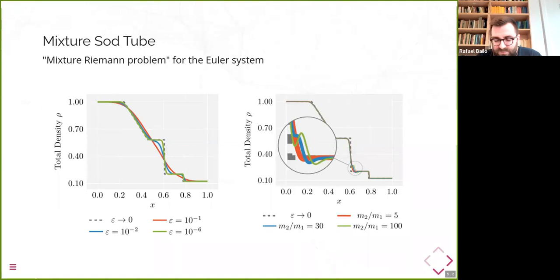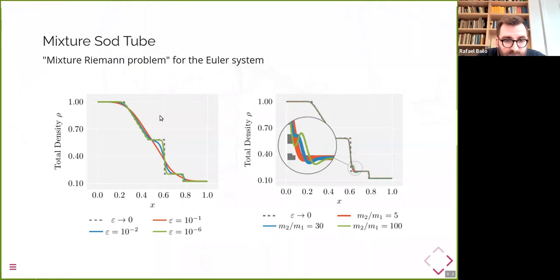You can perform the analysis for a mixture very much like you perform the analysis for a single gas. And then you look at the solution. So this is the total density of the mixture. And in fact, the solution to this shock tube is that the two gases remain separated by the contact discontinuity. So there's no mixing in this example, and you can check this numerically.